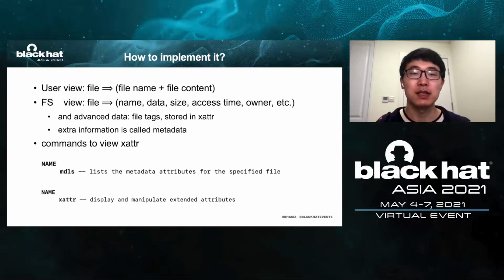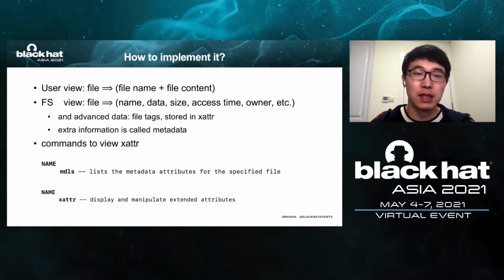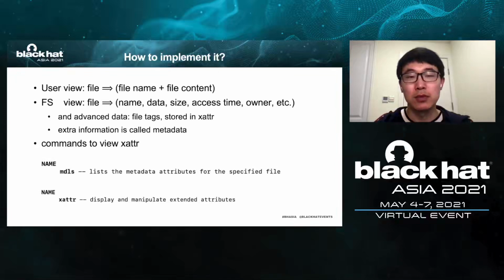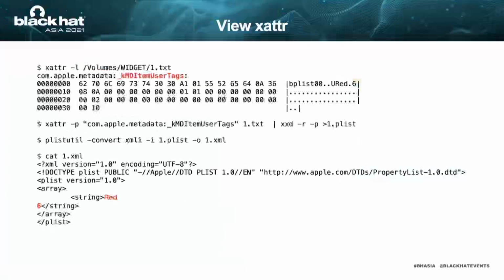Obviously, they can't be stored in file content. The file system allocates new storage space for them, called extended file attributes. But how do we view and operate extended attributes? Well, macOS provides several commands to do this, for example, mdls and xattr.